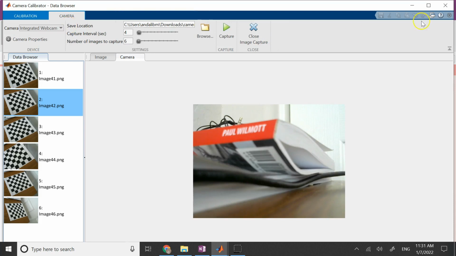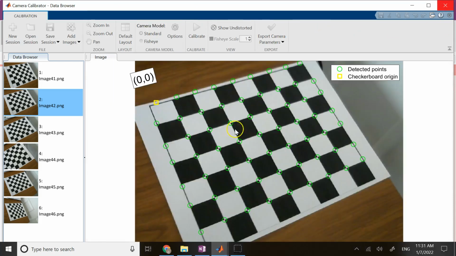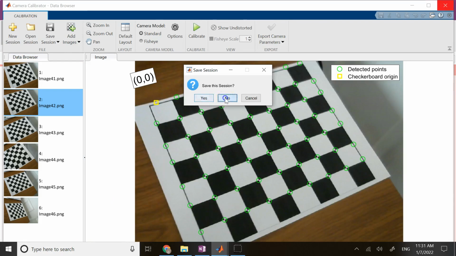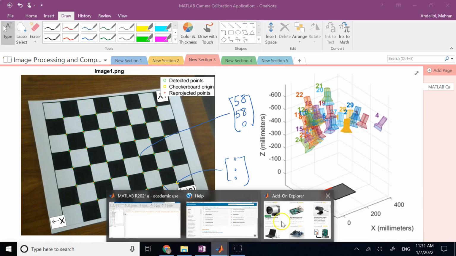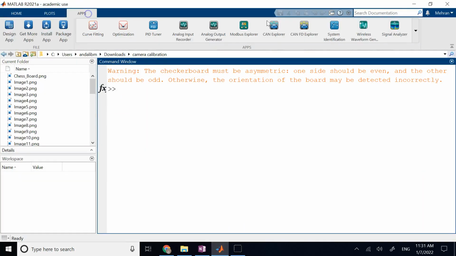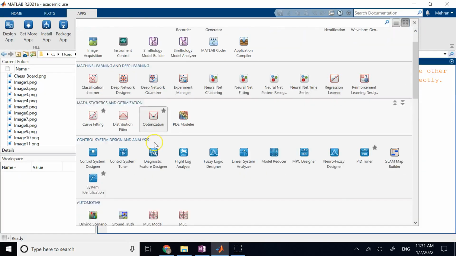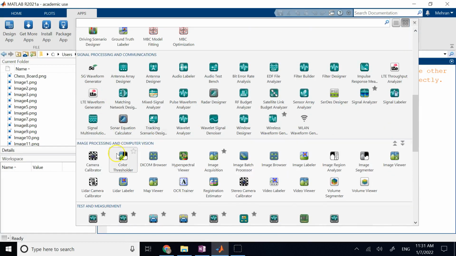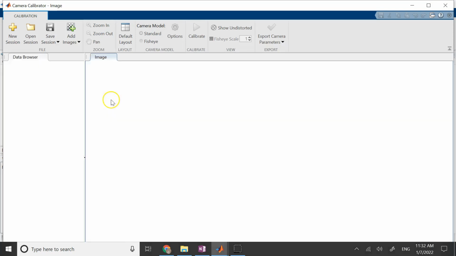So here, this is what I will do instead. Let me close this, and then instead I relaunch it with my saved data. Okay, so here I say from file.